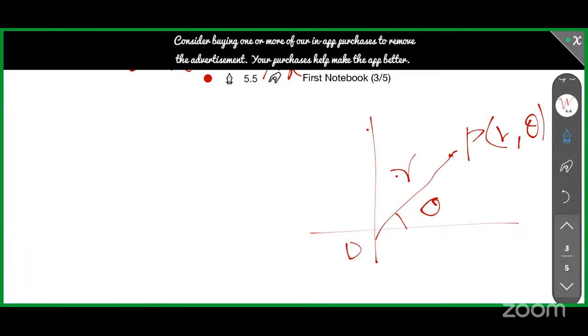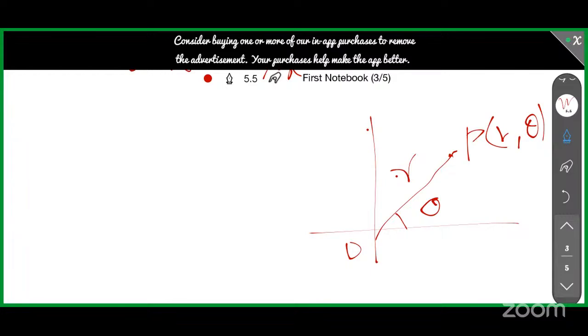Point P x comma y is a Cartesian coordinate, a Cartesian way of expressing a point. When we express a point with the help of a modulus and an angle theta, this becomes the polar form of expressing a point in a plane. Did you understand how we are expressing a point in polar form?